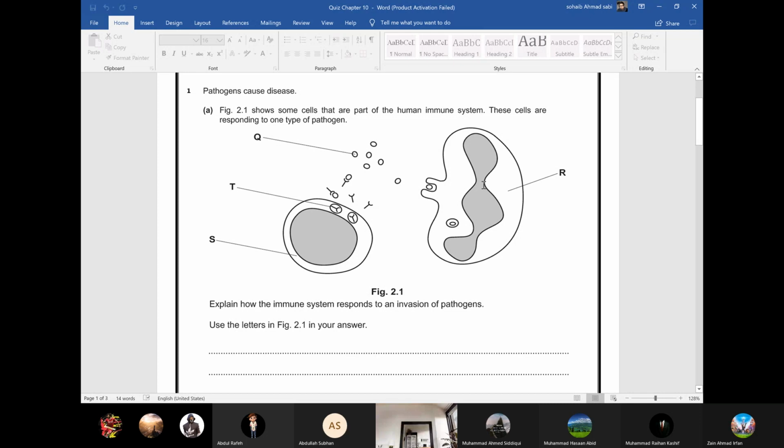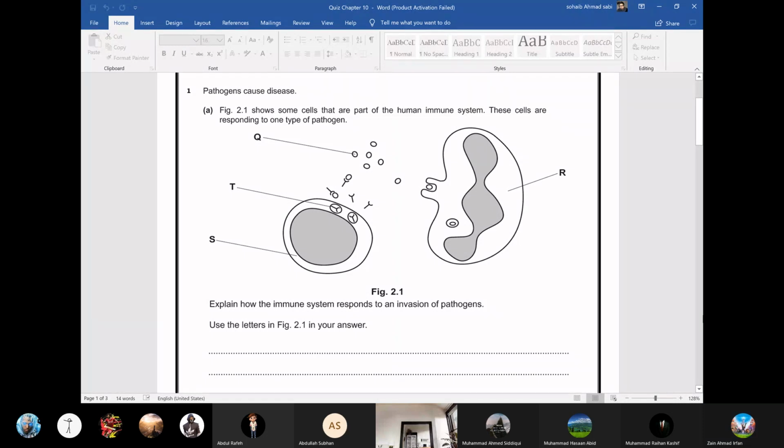While the phagocytes have a lobe shaped nucleus or irregular shaped nucleus. Remember this, okay? I have told you guys this before as well. Understand everyone? Yes, sir. All right.